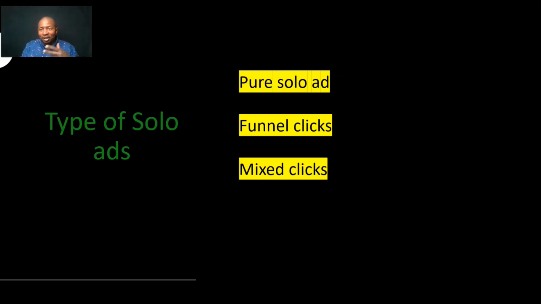Sometimes solo ad vendors don't even look at your offer; they make a random ad copy that doesn't match the offer. That means people don't resonate with it, so it's better that you create your own ad copy.